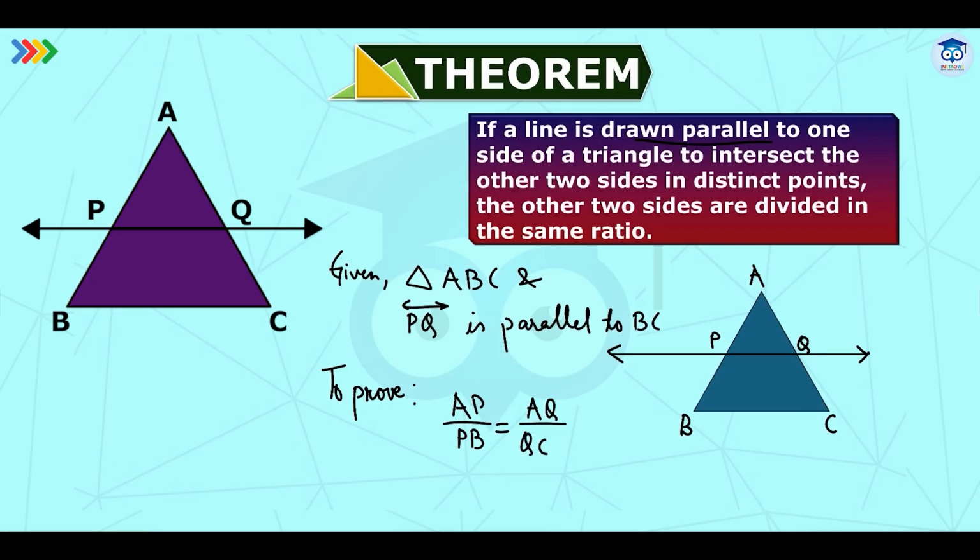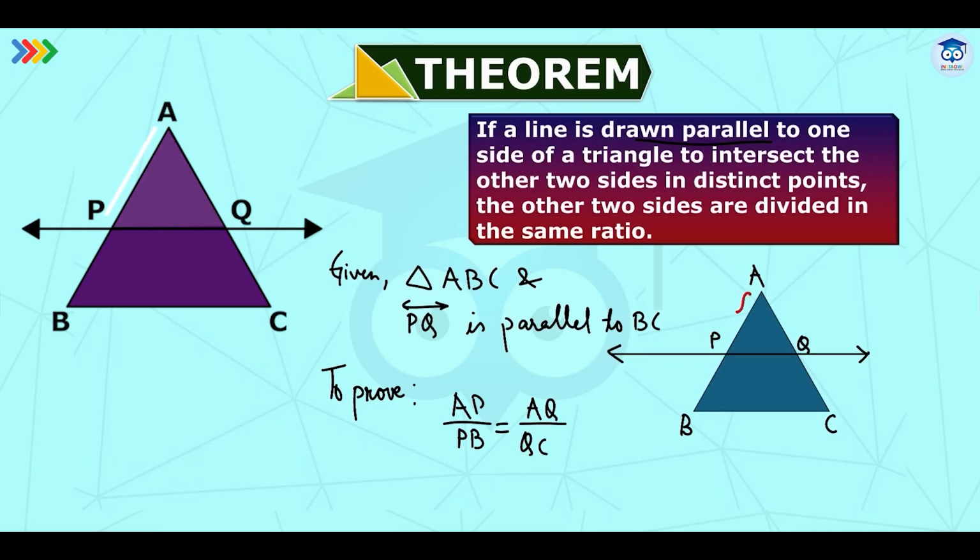Now for this, we are going to do some construction. We all know that the area of a triangle is half base into height, the altitude corresponding to the given base. So we are going to draw altitudes of the triangles. Here we have one triangle, so we will draw one altitude here.